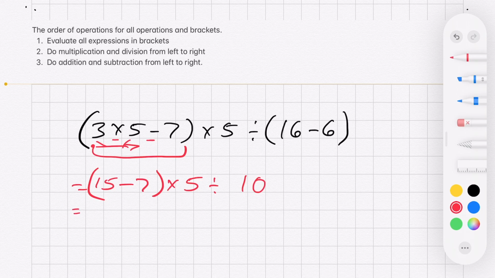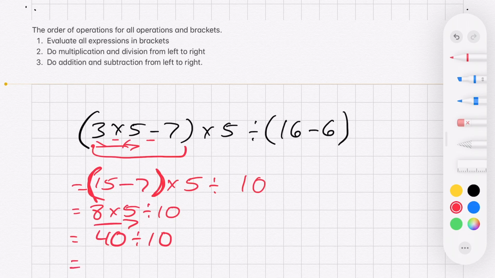So 15 minus 7 is 8, times 5 divided by 10. Okay, so I do the multiplication from left to right first. Then you do addition and subtraction from left to right. So you always do the multiplication and division first, then you do addition and subtraction. I've already done the subtraction because it was in the brackets, but for here, then I would go 40 divided by 10 because I'm going from left to right, and then this would be 4.